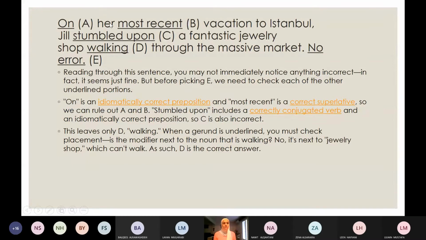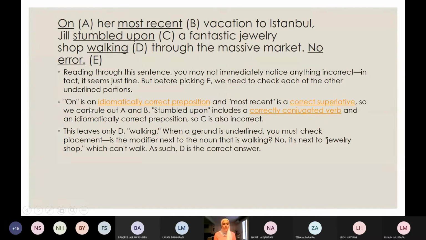Excellent. So reading through this sentence, you may not immediately notice anything incorrect, and in fact it seems just fine. But before picking E, we need to check each of the others. So on is okay, it is a preposition in the right place. And most recent is a superlative, it is correct.